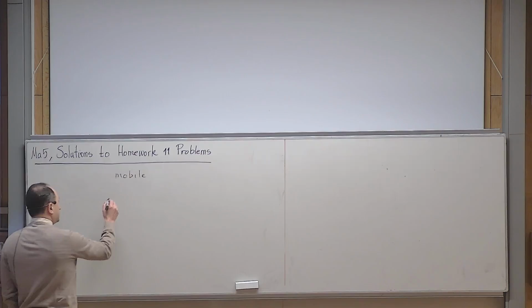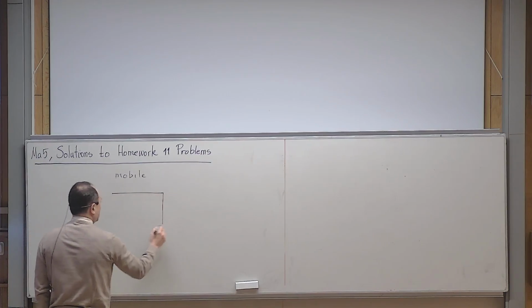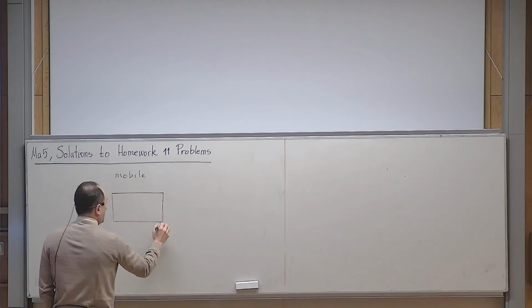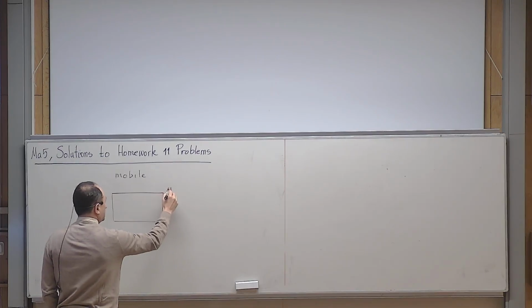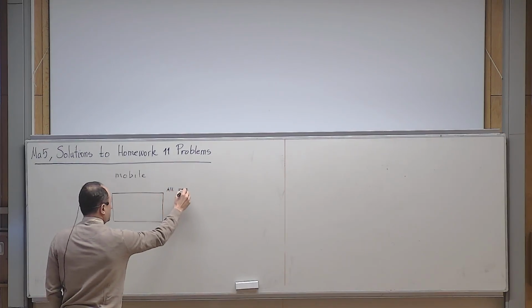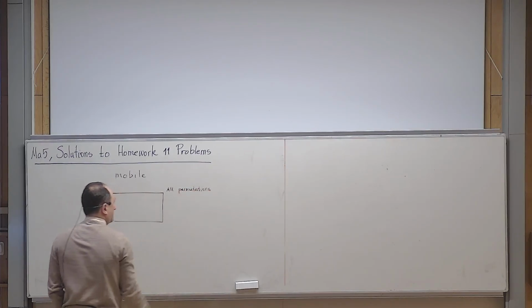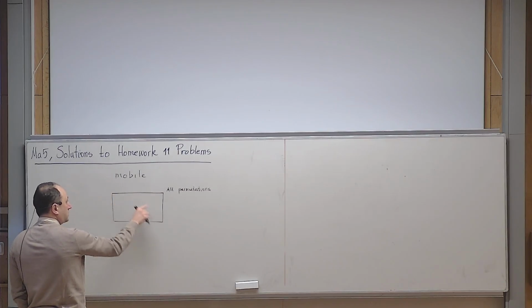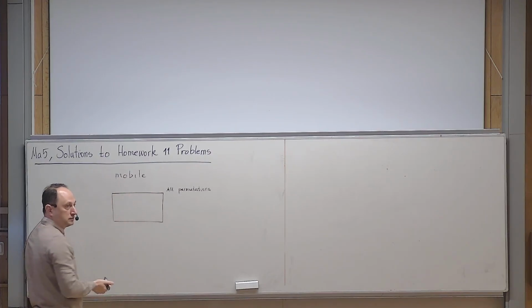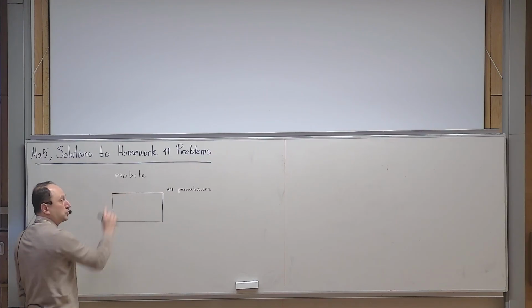Let us say that this rectangle shows all permutations. When I look inside, some permutations have MO in them, and some permutations have MOB in them.